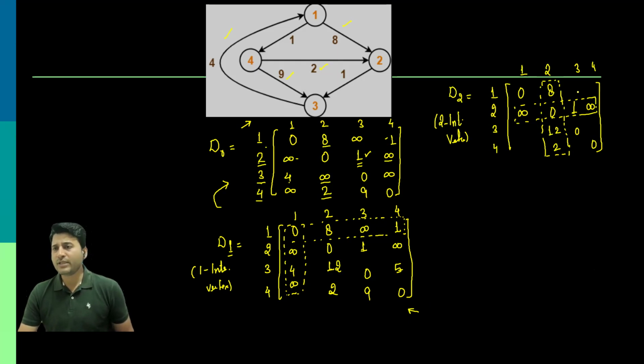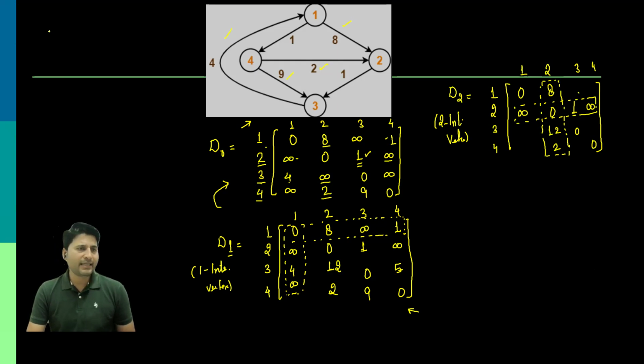So 1, 2, 3. Now we are supposed to make 2 an intermediate vertex. So insert the vertex number 2 between 1 and 3. How will it be written? Let us see. So 1, 2, 3. Insert 2 in this. So 1 comma 2 and then 2 comma 3, the sum of these two.